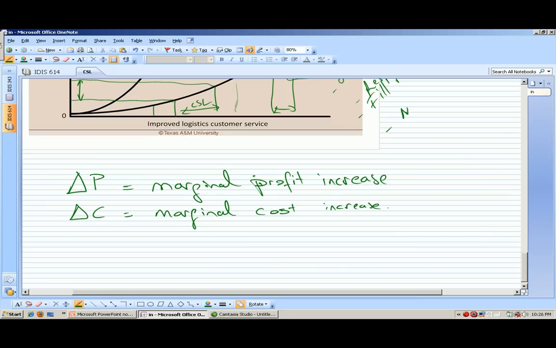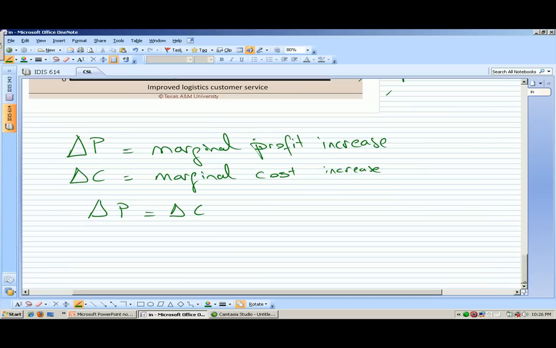The maximum profit is at the location where I have delta P equal to delta C. At this point I maximize my profit.